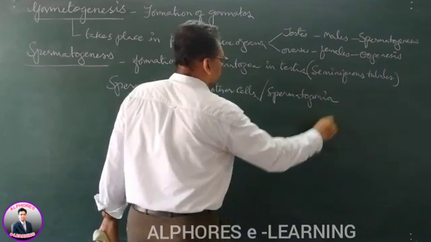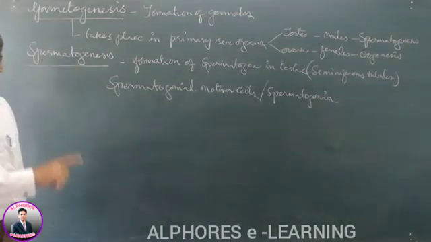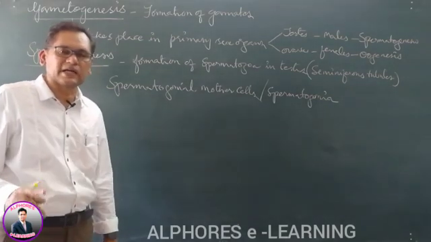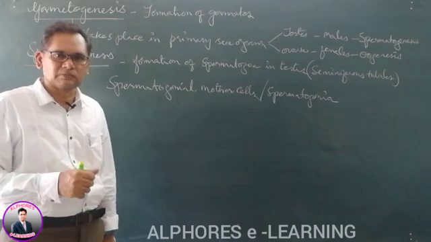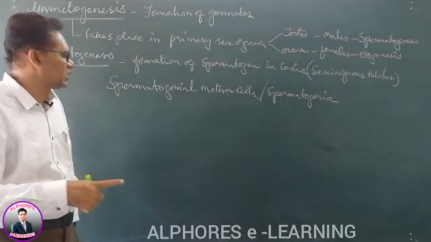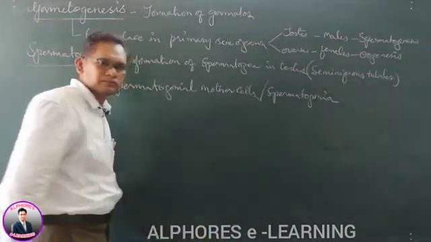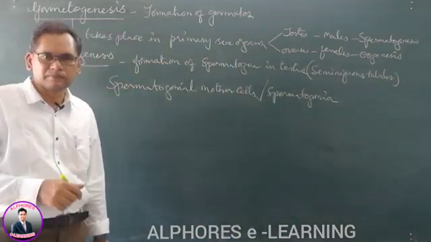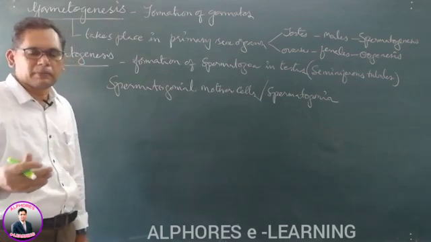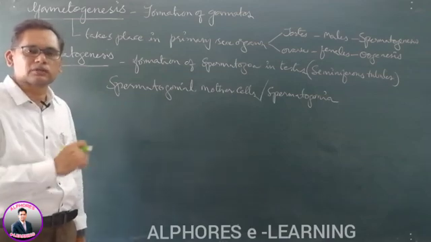Seminiferous tubules are lined by germinal epithelium, which is cuboidal epithelium. This cuboidal epithelium consists of the spermatogonial mother cells or spermatogonia. From these cells the sperms are formed, and we are going to discuss the mechanism of how they are formed.